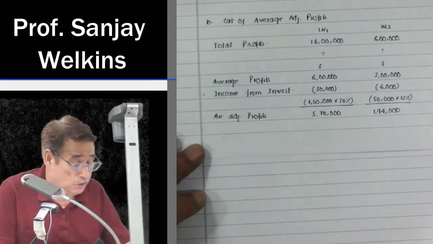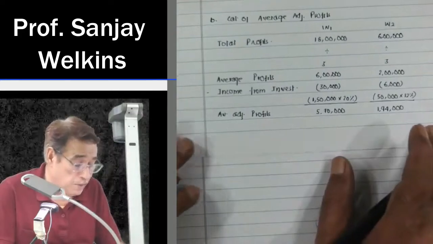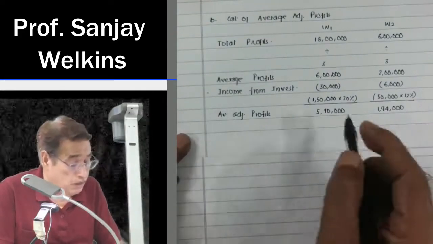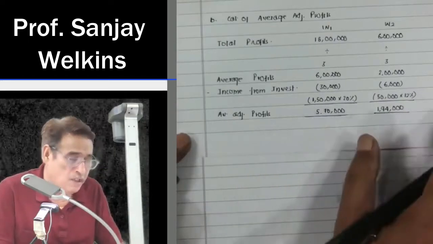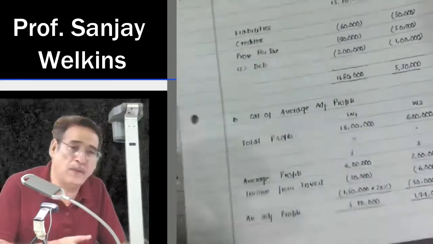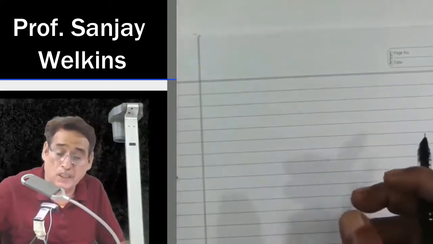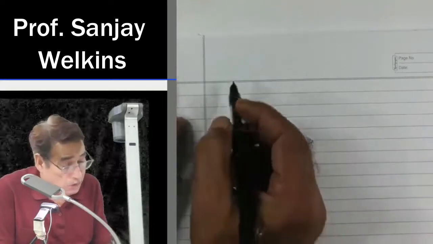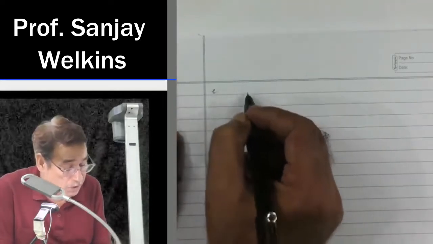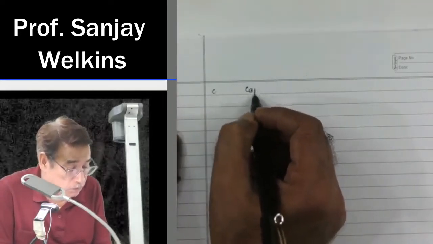Now all we need to do is to find out the capitalized value of these profits. Capitalized value, what does it mean? Capitalized value means amount of capital required to earn this much of profits. That is what we mean by capitalized value. Step number C. Capitalized value.